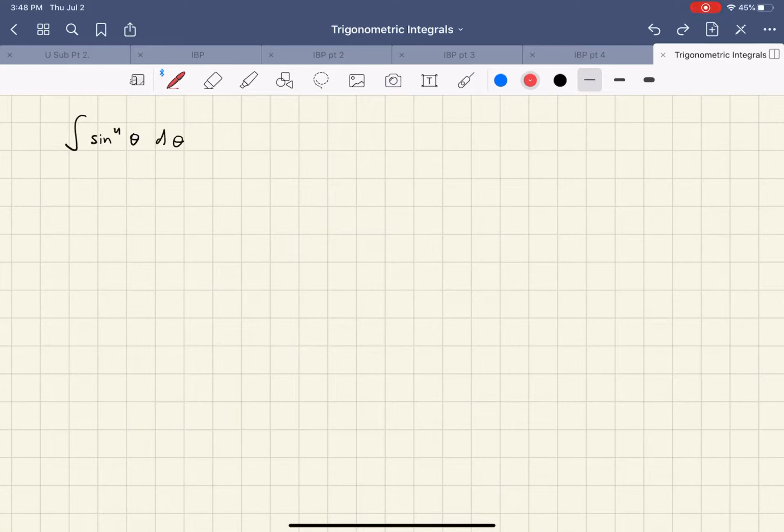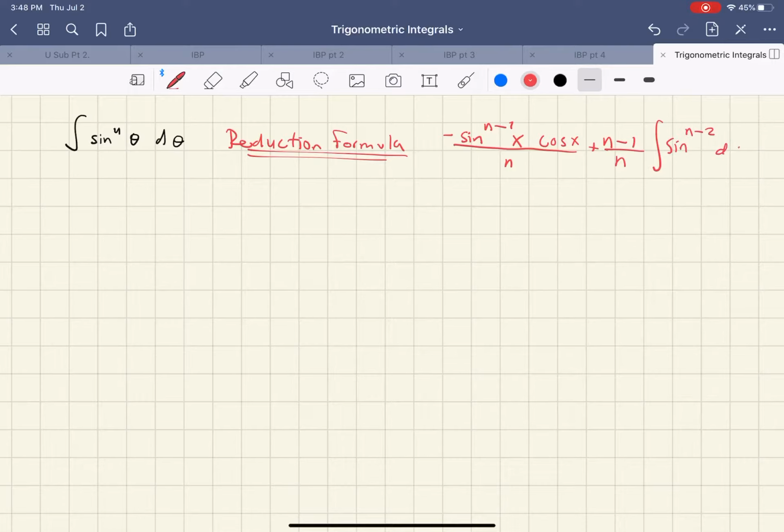And we're going to be doing something a little different. We're going to use something called a reduction formula. And this reduction formula goes a little something like this: negative sine to the n minus 1 of x cosine x over n, plus n minus 1 over n, times the integral of sine to the n minus 2 dx.